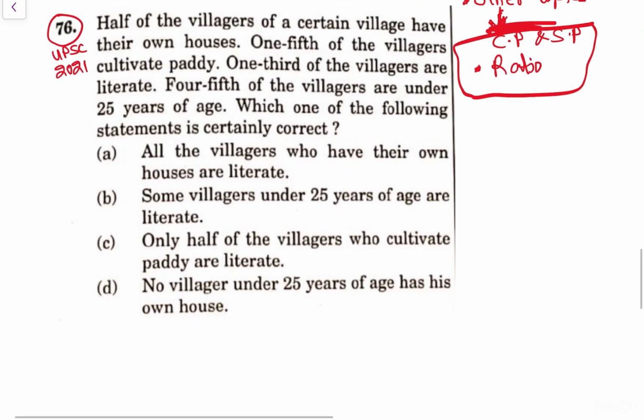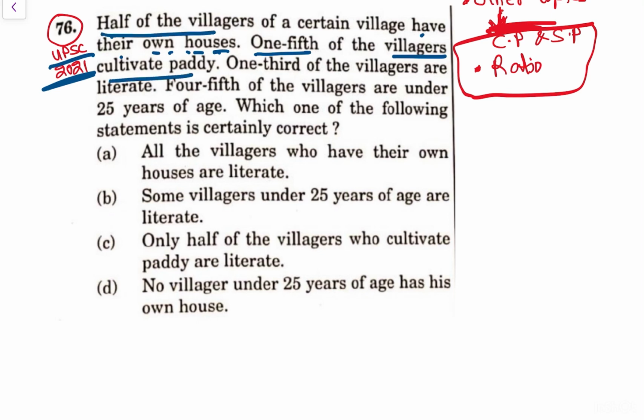So let's do previous year questions asked in this topic based on the concept we have discussed today. Not many questions are asked, but we can see 1 or 2 questions asked in previous years. The question is: half of the villagers of a certain village have their own houses and 1/5 of the villagers cultivate paddy.